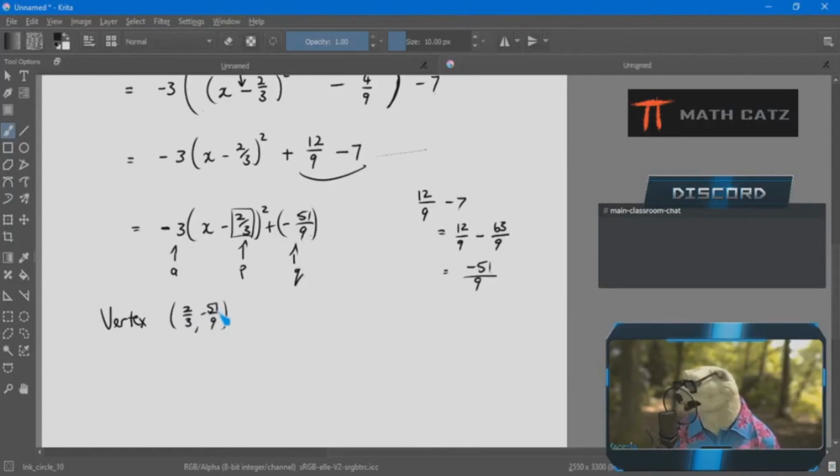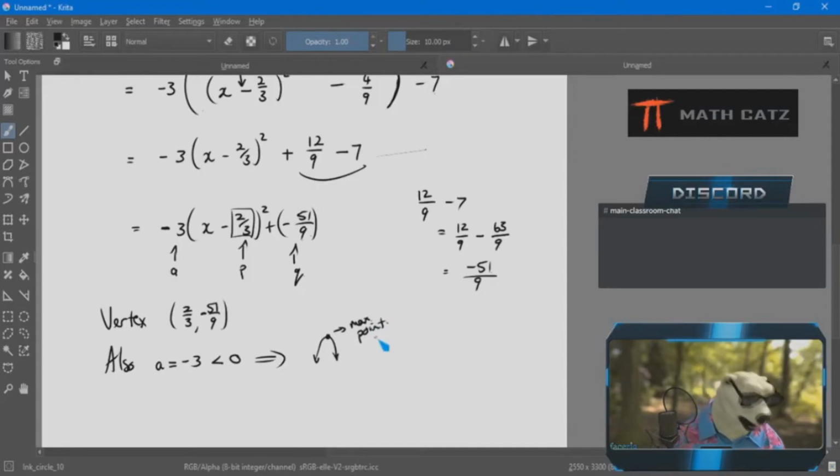And obviously, with these unpleasant fractions, we don't want to bother graphing something like this. It'll be too time consuming. And I can see my a is -3, which is negative, which means in the sequence of transformations, I am going to flip my parabola and create a maximum point and all those things.